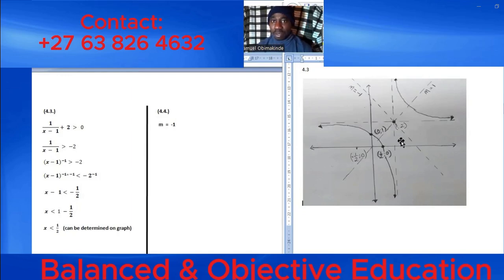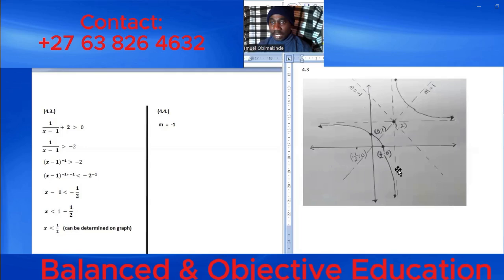You just have to draw two diagonal lines across the point of intersection of the two asymptotes. Remember, the horizontal asymptote crosses the y-axis at 2, and the vertical asymptote crosses the x-axis at x equal to 1.